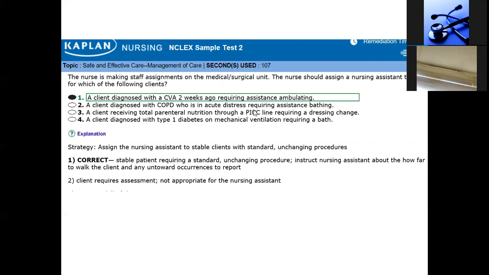If a patient is very stable, the LPN can do this. So provide care to a client in a stable condition under the supervision of the RN or other healthcare provider, the LPN can take care of them.